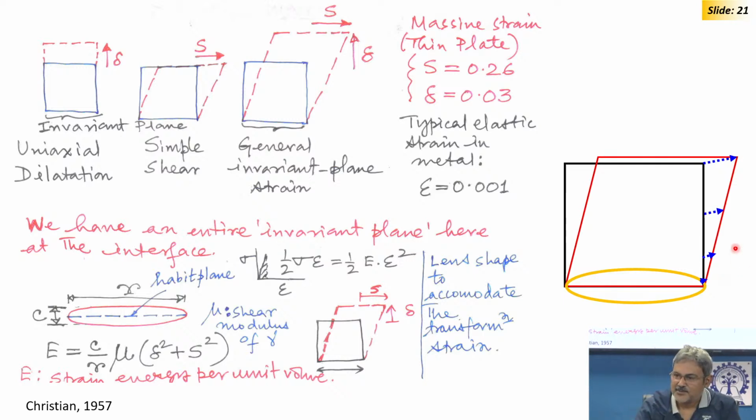Now if you make a martensite plate big, what would happen? The magnitude of the displacement has to be large, because if you produce a very thick plate, in red, the displacement is very large. Whereas if you can maintain it very thin at the tip, the displacement is very, very small.